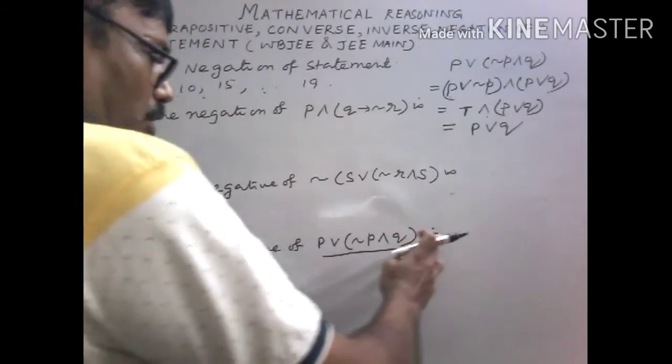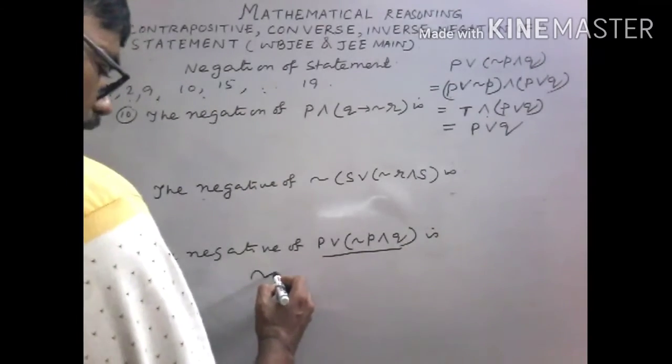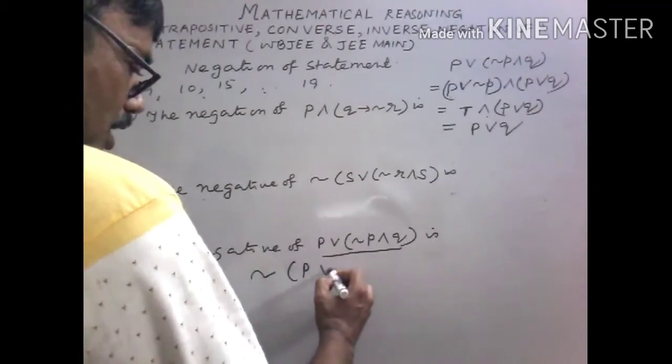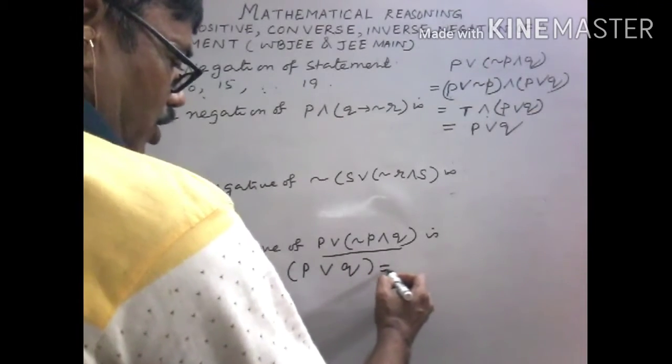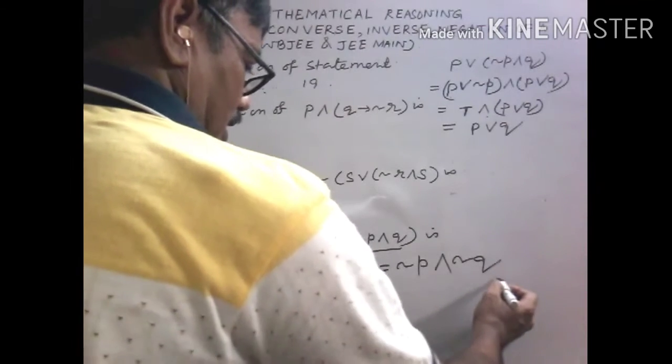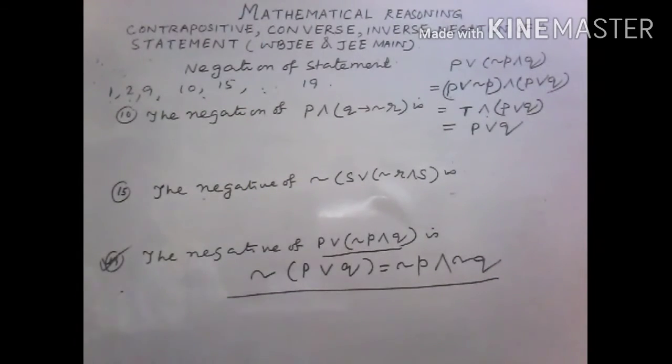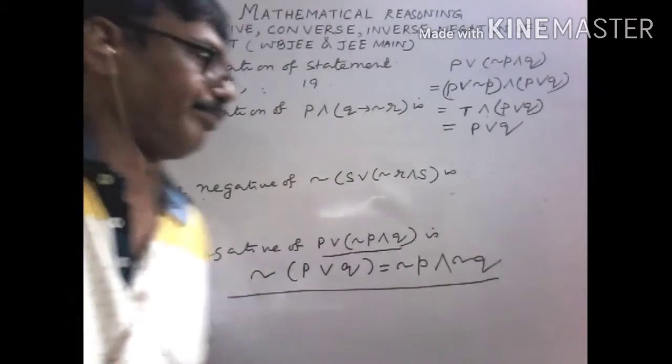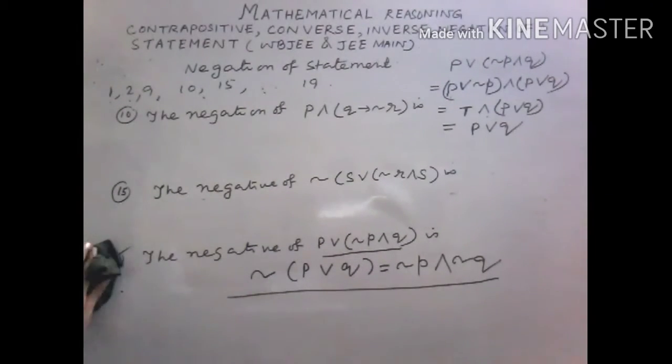Therefore the negation of P disjunction Q equals negation P intersection negation Q using De Morgan's laws. Now this is problem number 19.